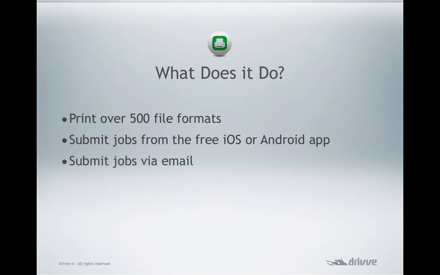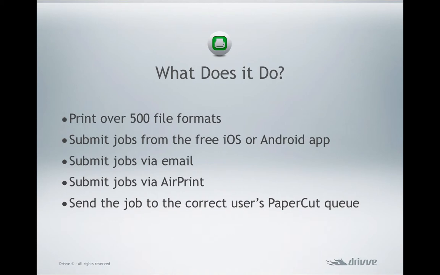They can submit jobs via email, so you could set up an email address. It could be a Gmail account, could be an internal account with a customer's domain, and users can send jobs. And we can also submit jobs via AirPrint. So if you're on the network and the Drivve server's on the network, we'll broadcast all the printers as AirPrint printers, and also the PaperCut queue.